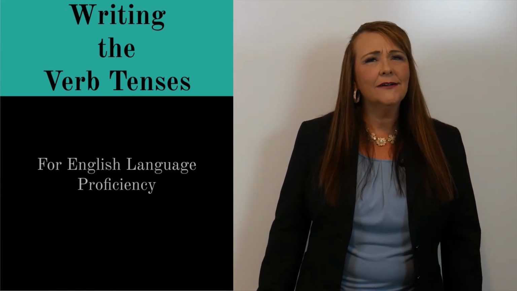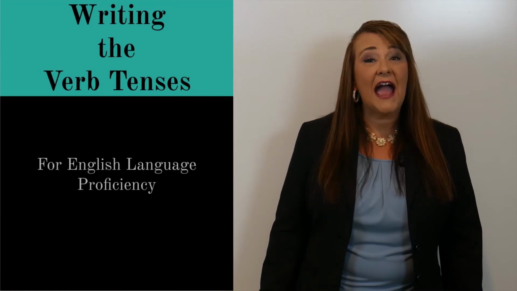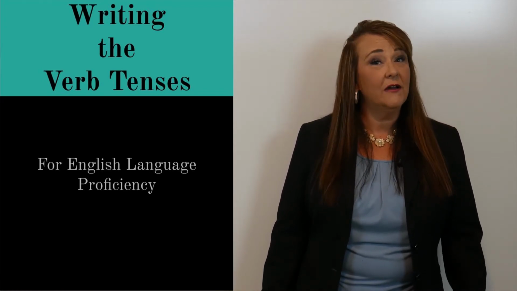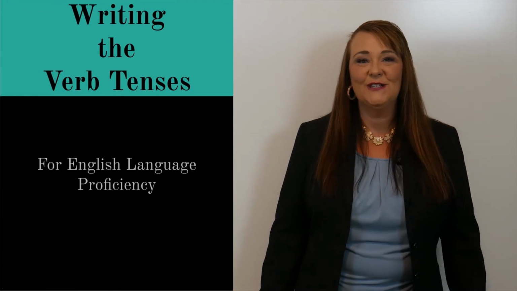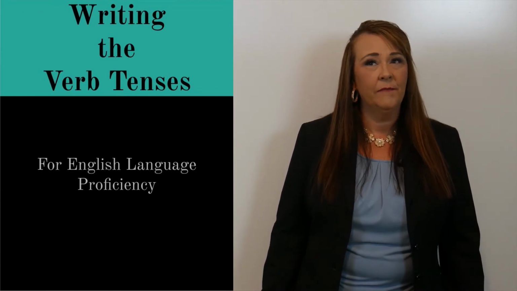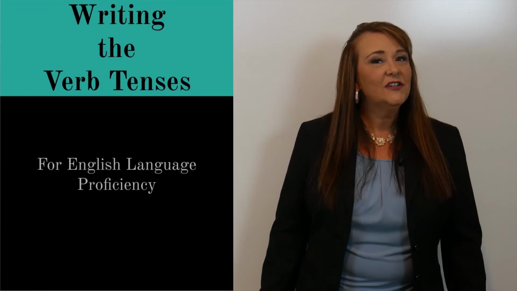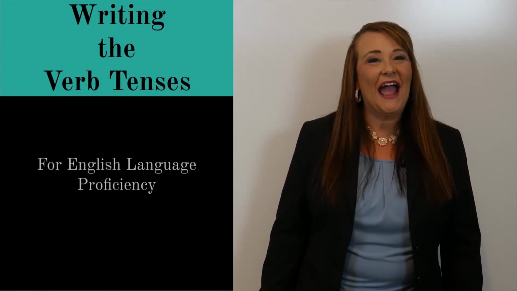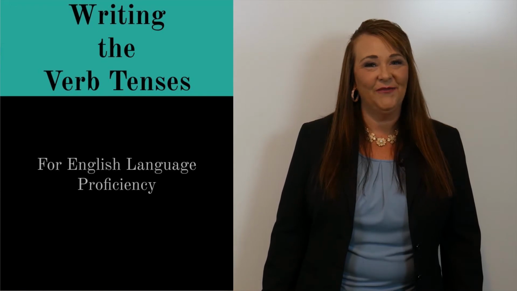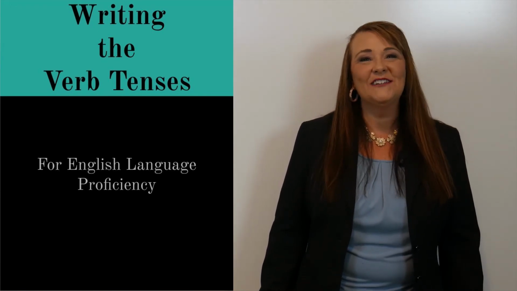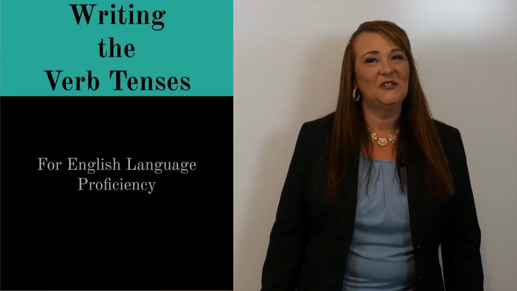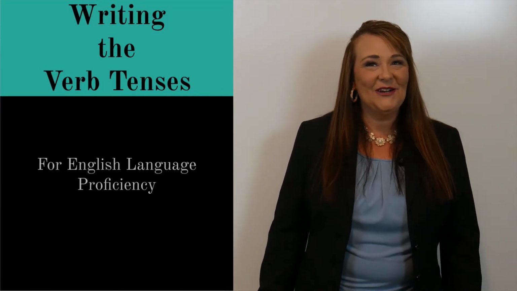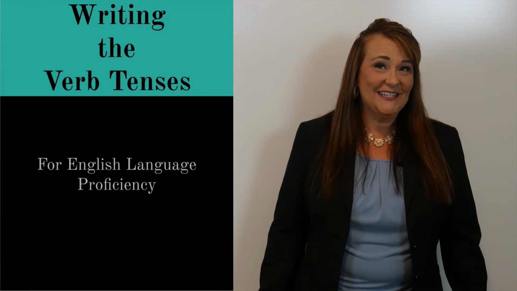These lessons are meant to be used for practice after you watch a more detailed video lesson on each of the specific tenses. You'll find a link to those instructional videos either here or at the end of the video. Of course, you can watch this video without the instruction, but it might make it easier to watch first.